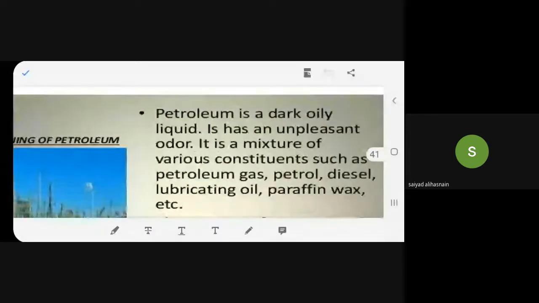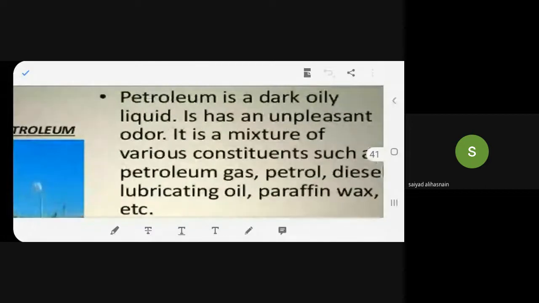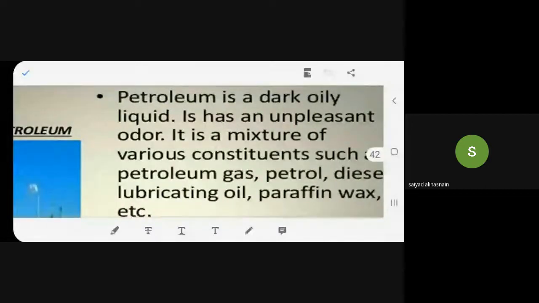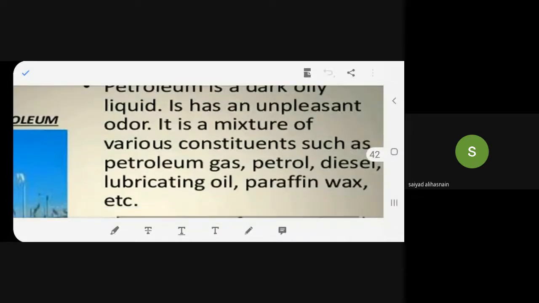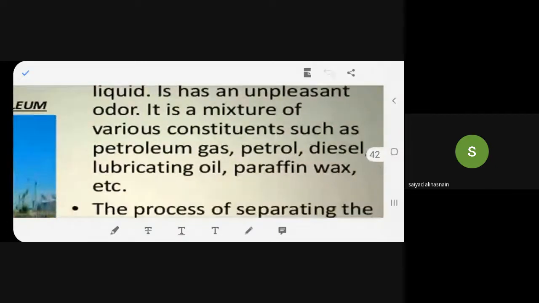So what is petroleum, by the way? A dark oily liquid. It's got a bad smell. What is unpleasant odor? It's got a bad smell. And it's a mixture of different types of constituents or fractions such as petroleum gas, petrol, diesel, lubricating oil, that's called grease, paraffin wax, etc. Is this understandable?